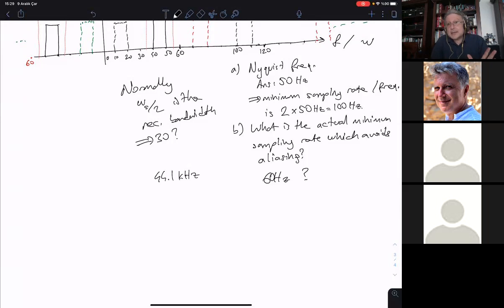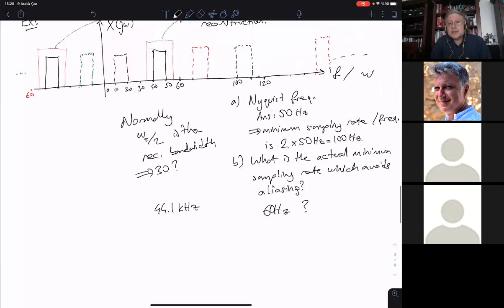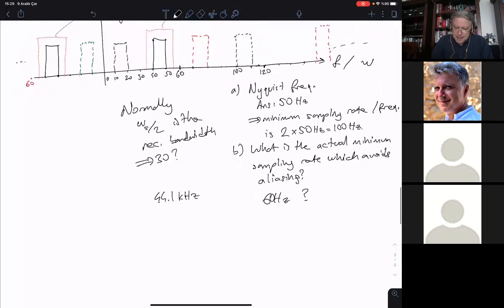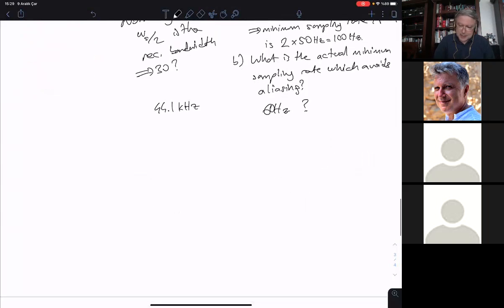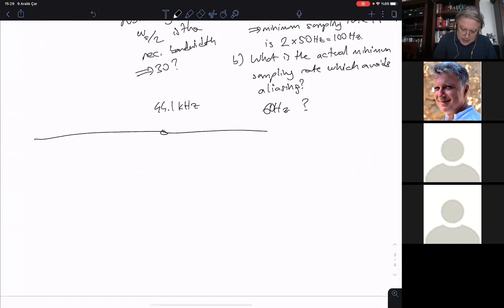So this is what can be asked, okay? Such a question. I usually ask such questions. So be careful about that. Now, let's continue with an example of sampling a sinusoid. Because sampling a sinusoid will be a very good example of what the aliasing really looks like.